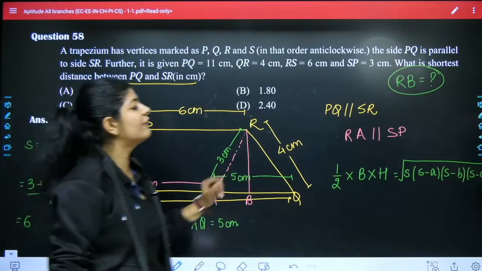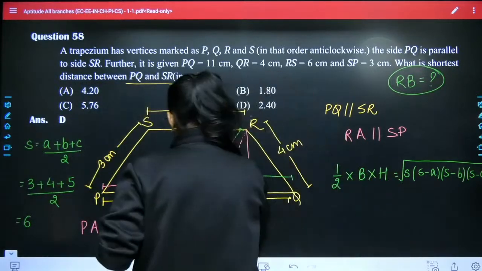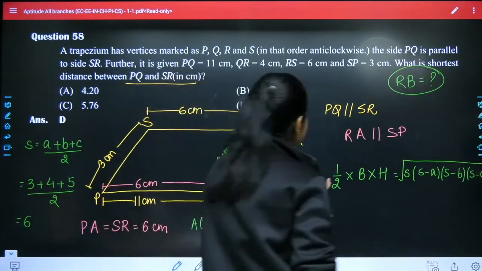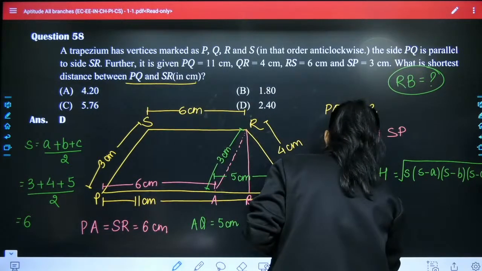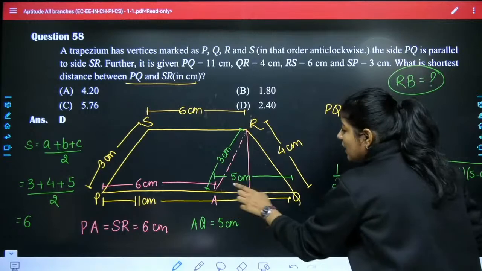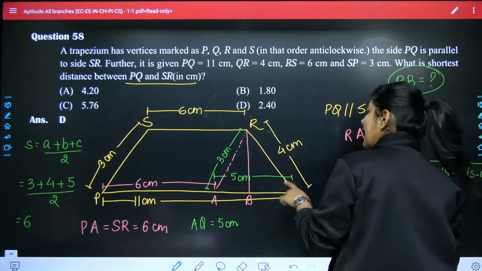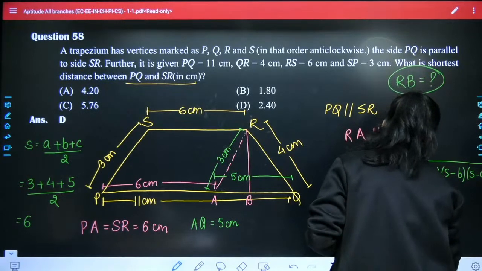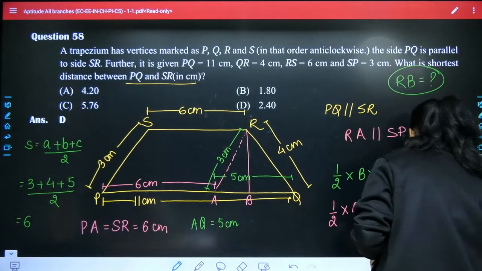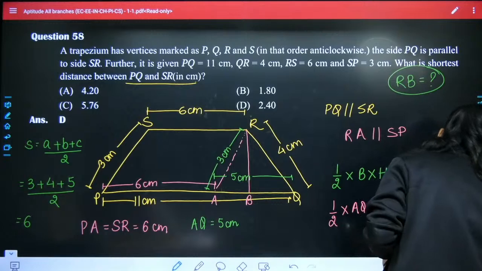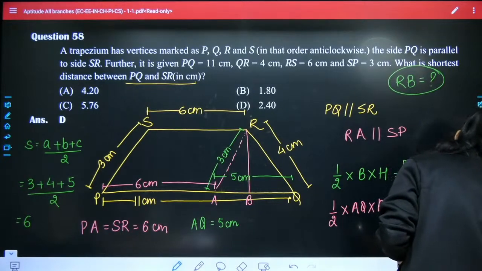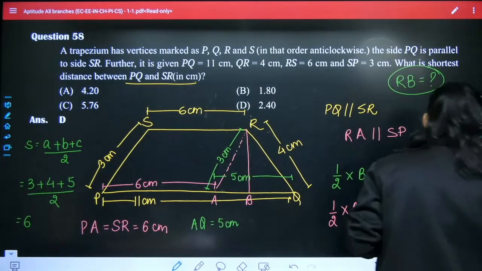Now simply put the value of S over here. So here we know the value of base, that means AQ, and the height RB should be equal to 6, 6 minus 5, 6 minus 3, 6 minus 4, right?